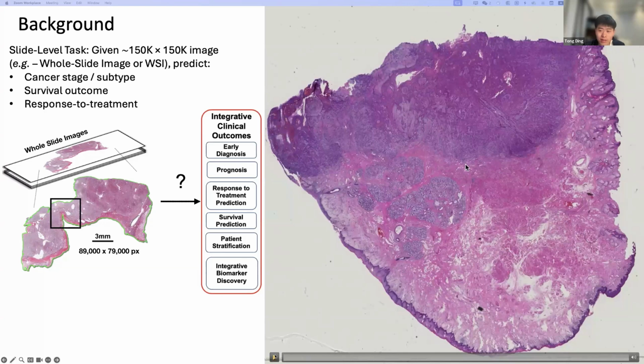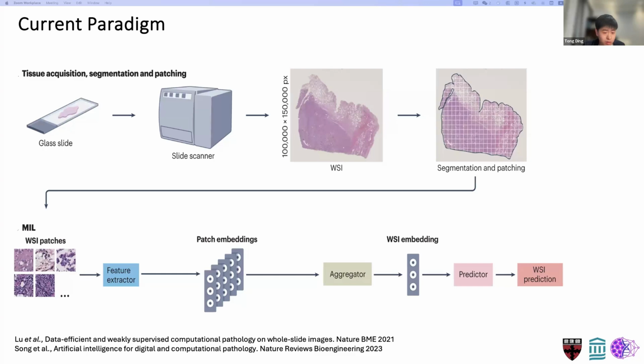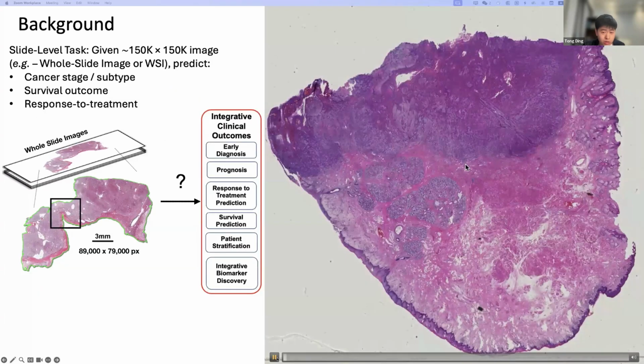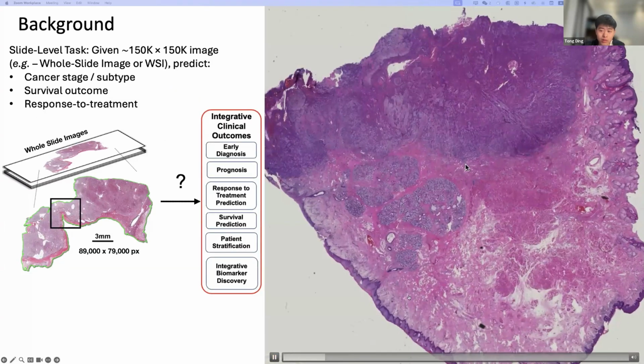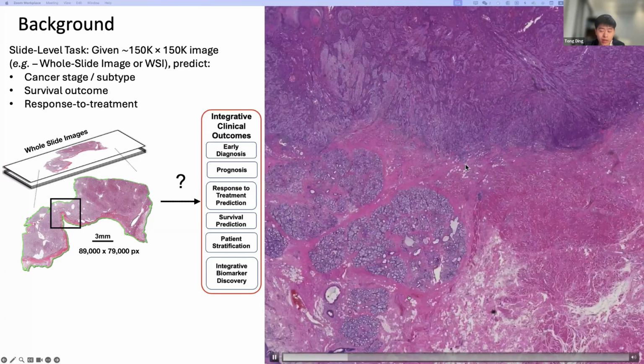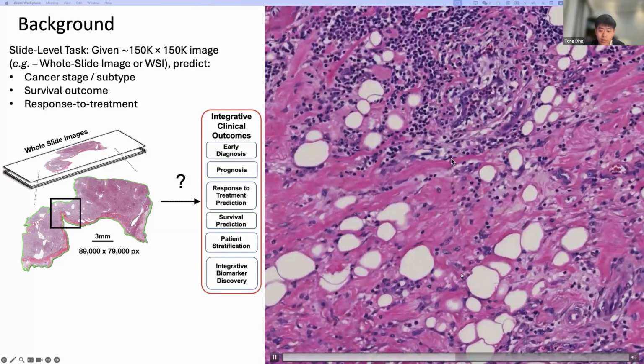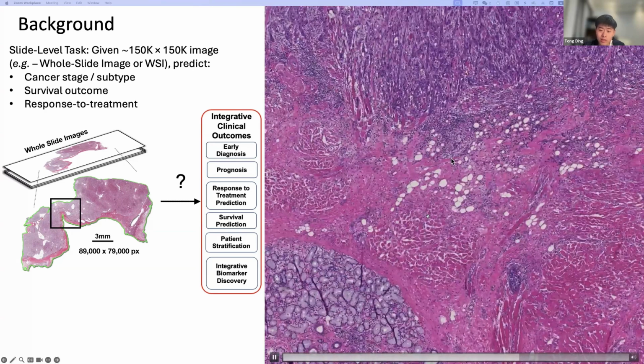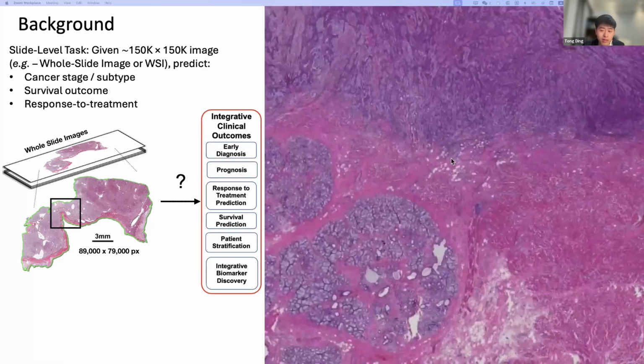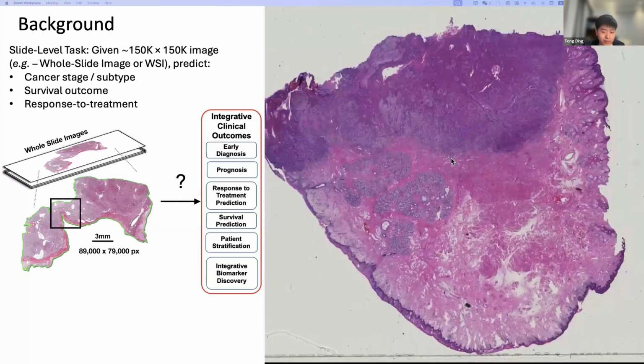The right-hand side depicts a cross view of the whole slide, from which we can magnify and zoom into fine-grained details such as tumor and immune cells, which are important in slide-level tasks such as cancer diagnosis and prognosis.